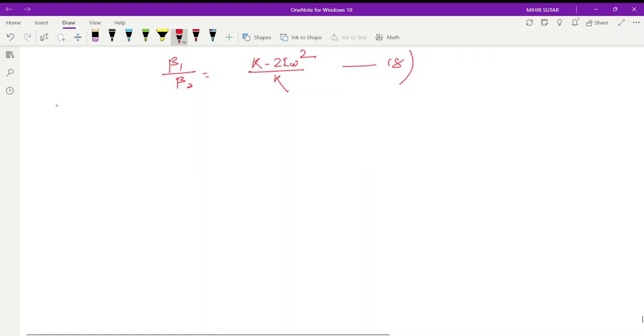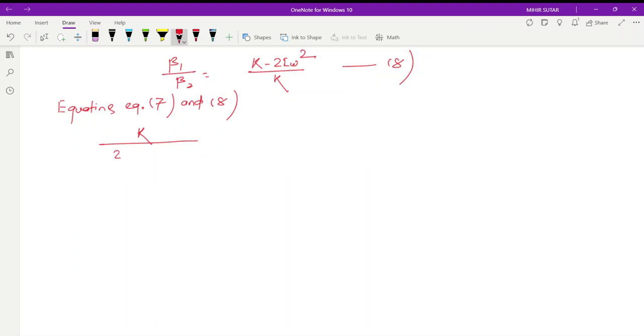Now equating equation 7 and 8, we'll have k by (2k minus I omega square) is equal to (k minus 2I omega square) by k.